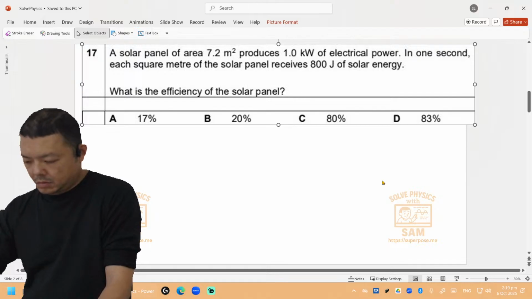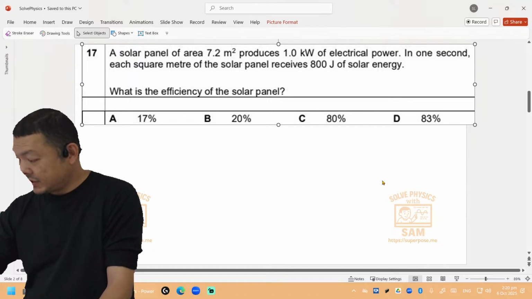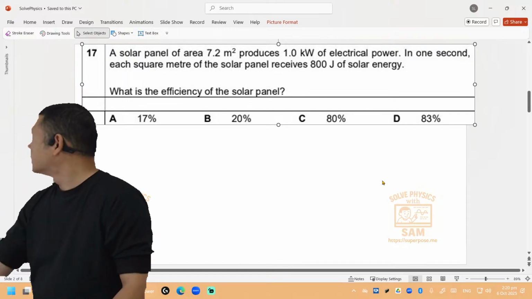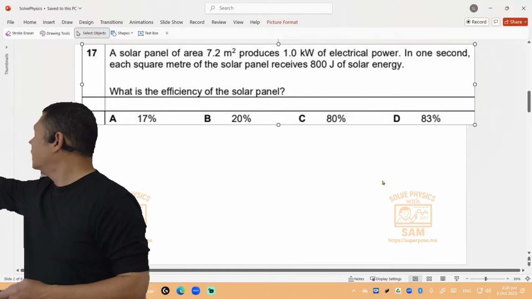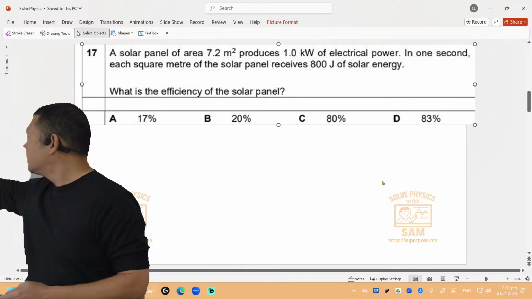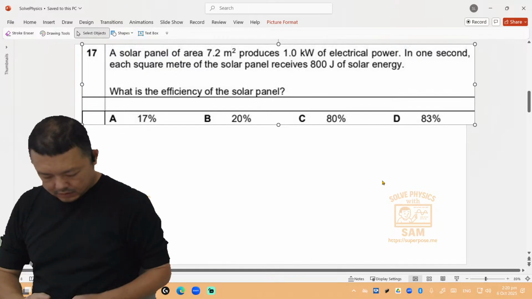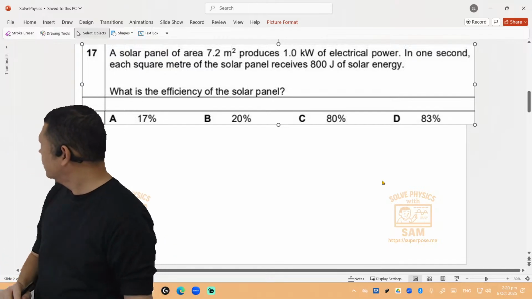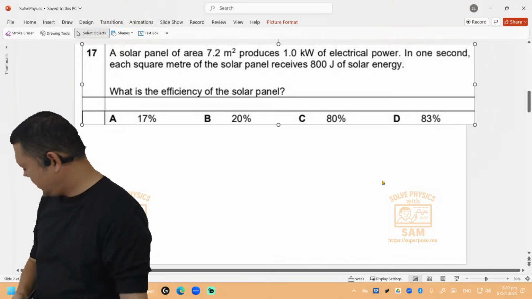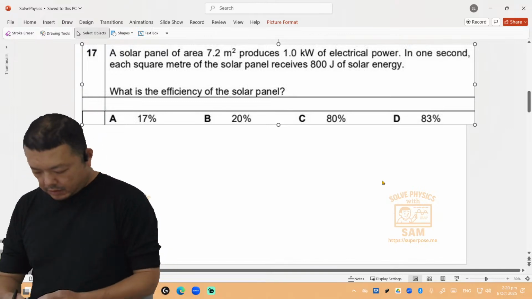It is the formula for energy over time, no. Come on, think about this.